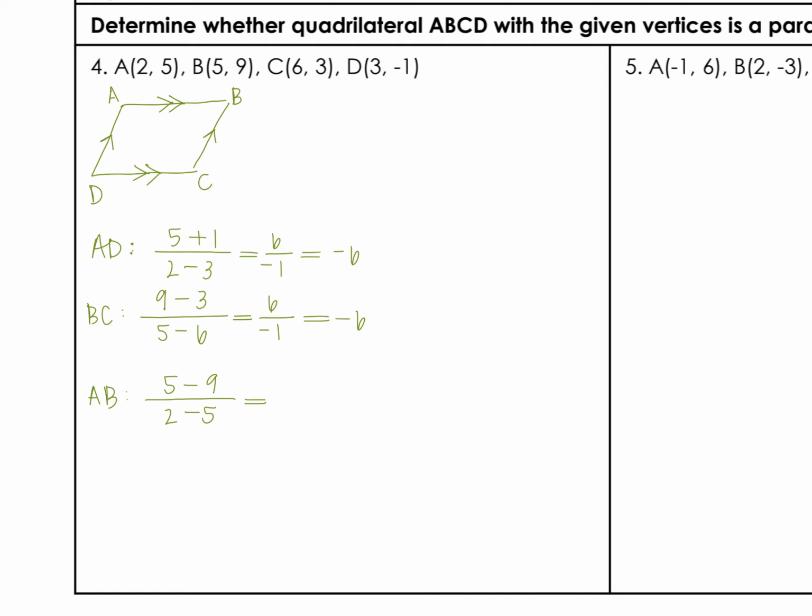Okay, so 5 minus 9 is going to give me -4. And then 2 minus 5 gives me -3. So we get a slope of +4/3 since we have a negative divided by a negative. Then let's see if we get that same slope for DC.